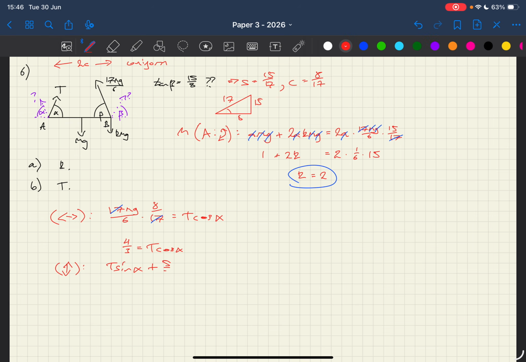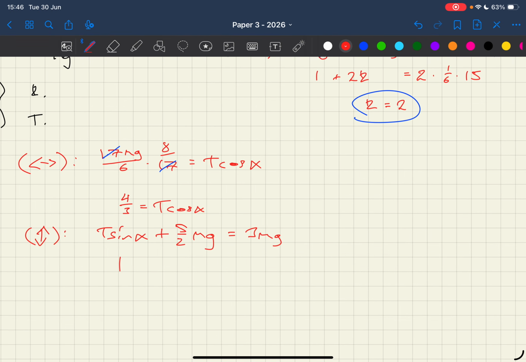So plus 5 on 2 mg. And we'll just double check that. 17 on 6 times, what am I saying? 15 on 17. Yep, 5 on 2. And then pulling us down, we have 1 mg, another 2 mgs, 3 mgs.